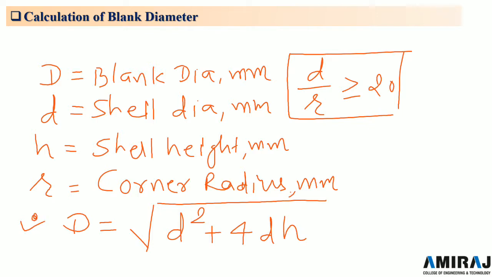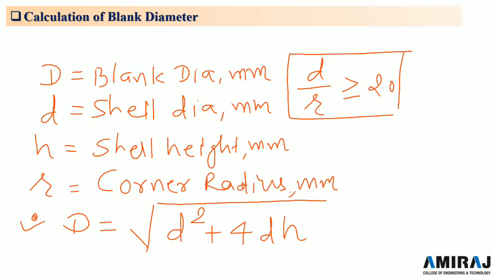For lower values of d by r, the effect of shell radius must be taken into account. The approximate relation for blank diameter for d by r less than 20 is given by one table.